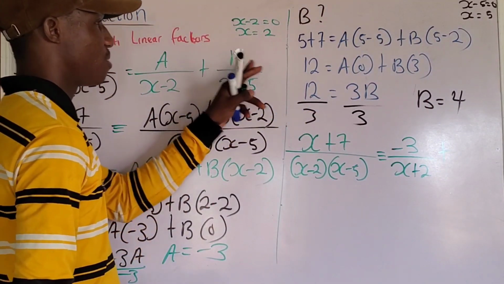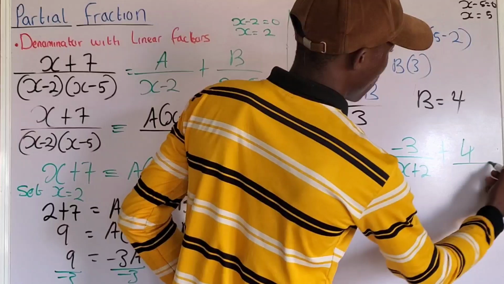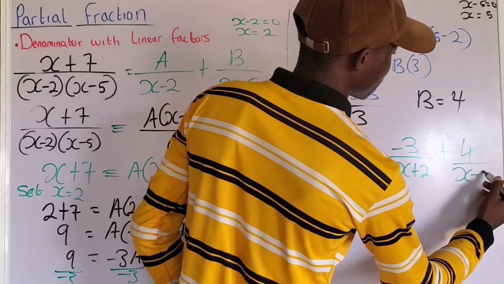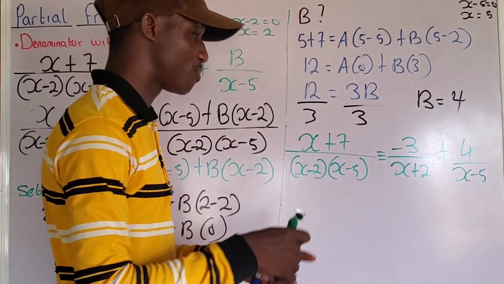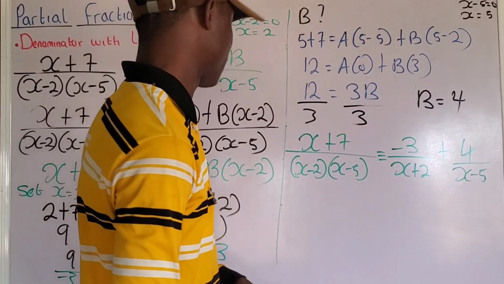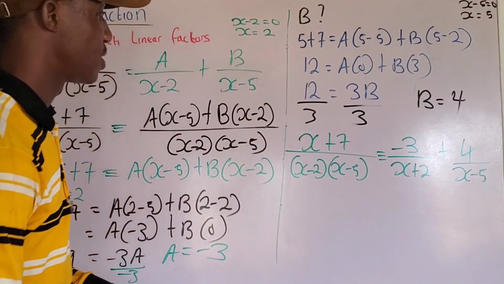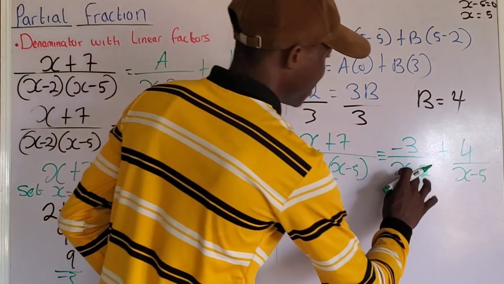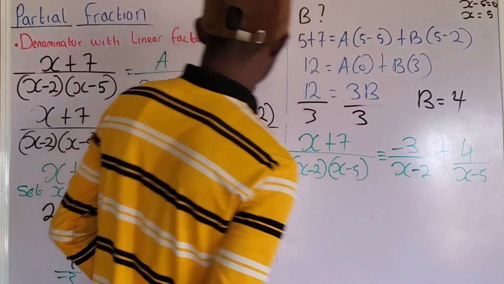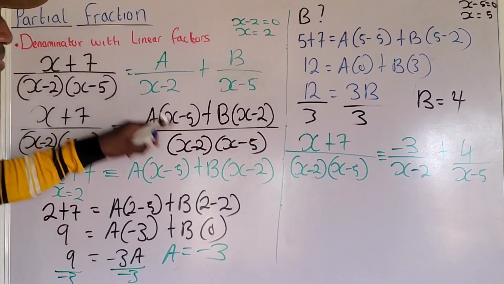B is 4, so I'm going to have plus 4 all over x minus 5. Oh, sorry. This should be minus, okay? This should be minus x minus 2. Because we have a minus here, this will be minus x minus 2.